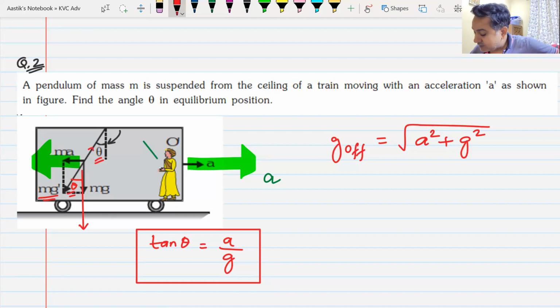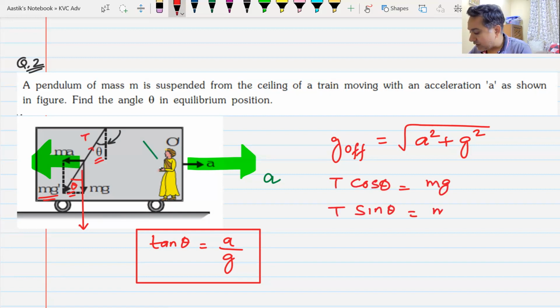Then we have this tension T here. They can also ask you the value of this tension T. So you can remember that T cos theta is equal to mg and T sin theta is equal to ma.